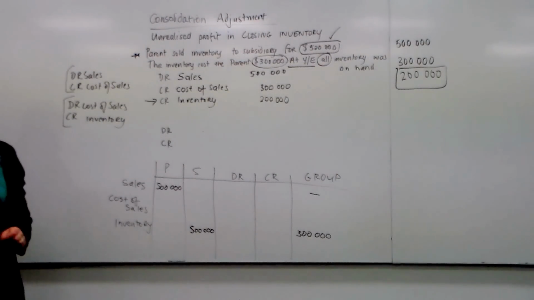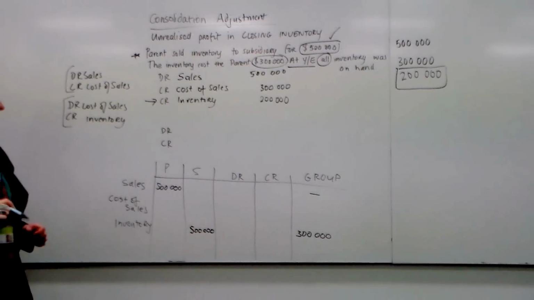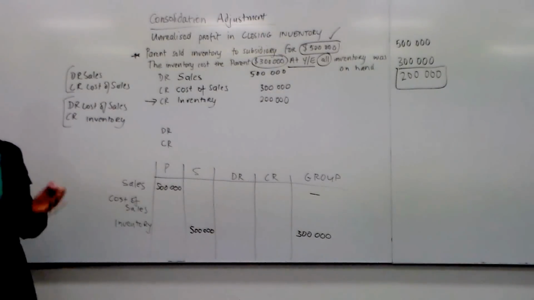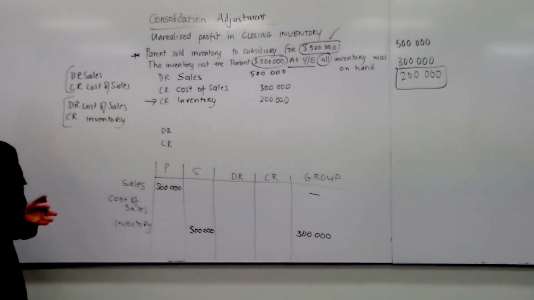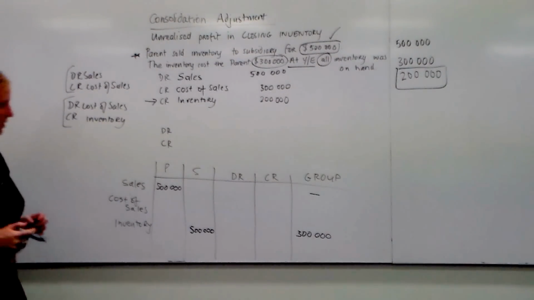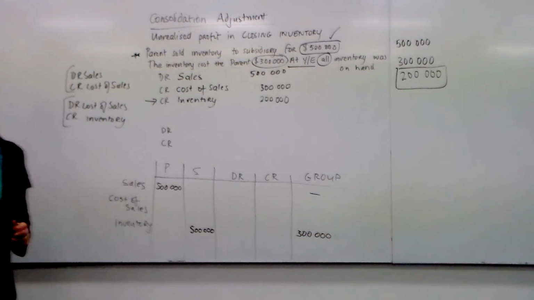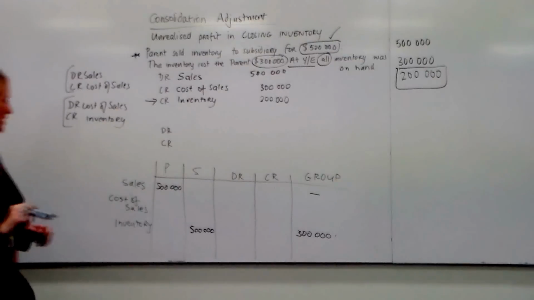So when it originally came into the group, which was when the parent bought the inventory, it cost $300,000. Okay, the fact that it's been sold within the group, we don't want to recognize the new cost because that sale is not going to be recognized by the group. So we want it to be at the original cost to the group, which was $300,000.